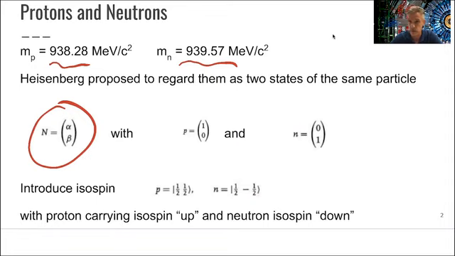Those particles were not known at the time. So he introduces a new concept, so-called isospin, or strong isospin, where he's doing exactly this. He labels the proton up and he labels the neutron down. So far we haven't done anything but introduce new labels for particles.